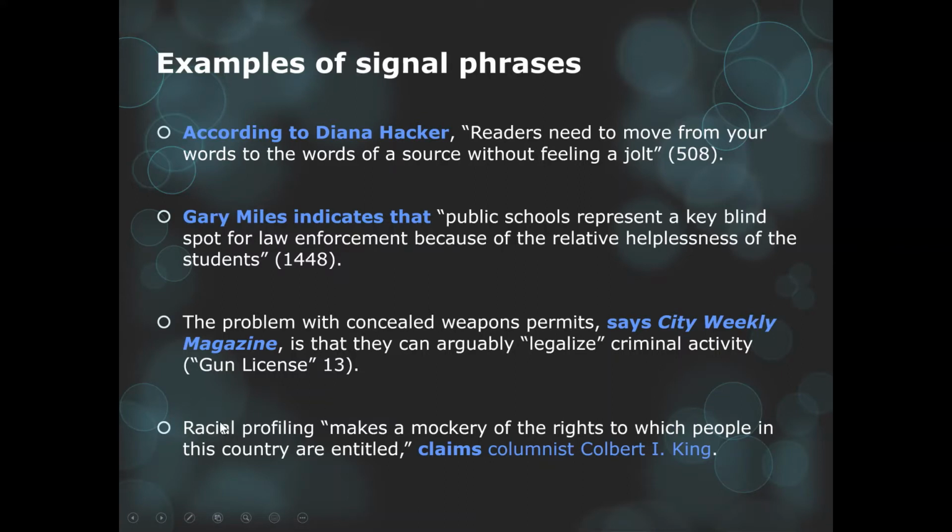Racial profiling makes a mockery of the rights to which people in this country are entitled, claims columnist Colbert I. King. So this signal phrase is at the end of this sentence, but the sentence still doesn't start with a quotation. It starts with a paraphrase. This is what King is talking about: he's talking about racial profiling. But the direct quote starts here, not at the beginning of the sentence.